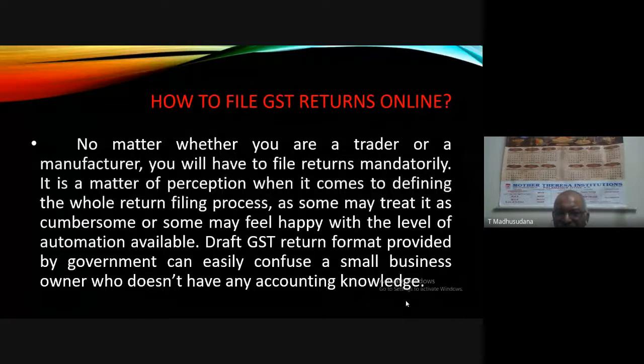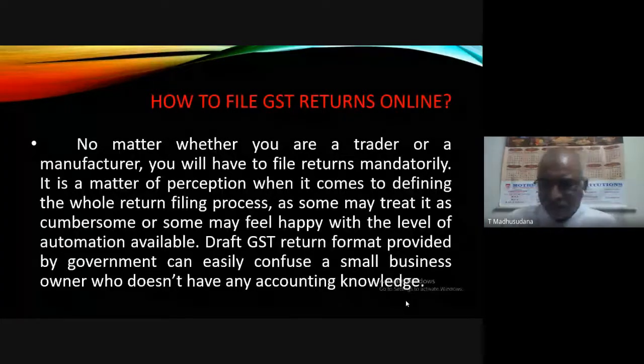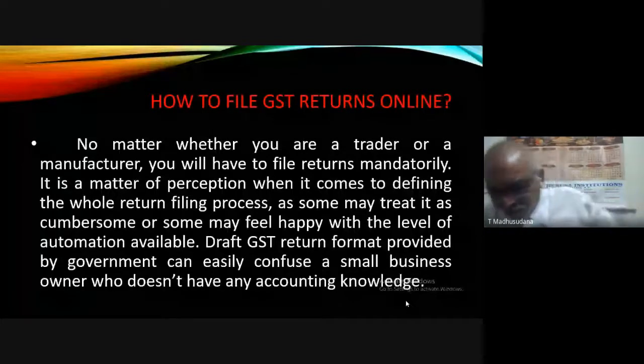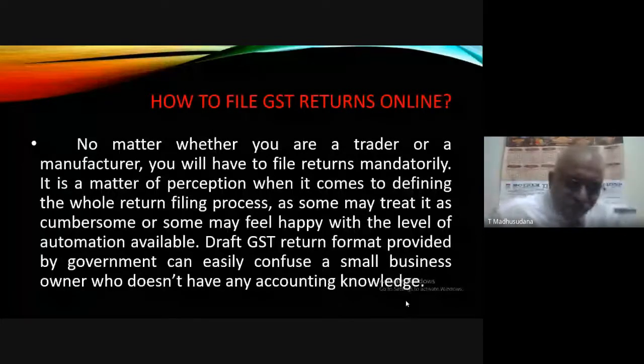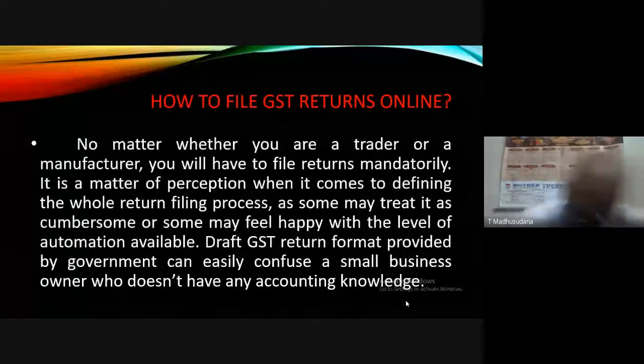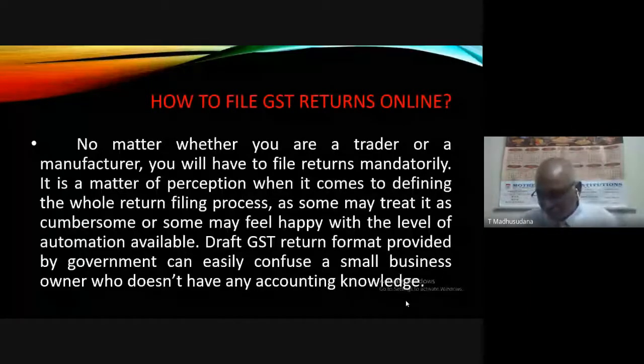That means the various forms of GST returns, all these formats made available by the government to small business organizations, may sometimes confuse them.